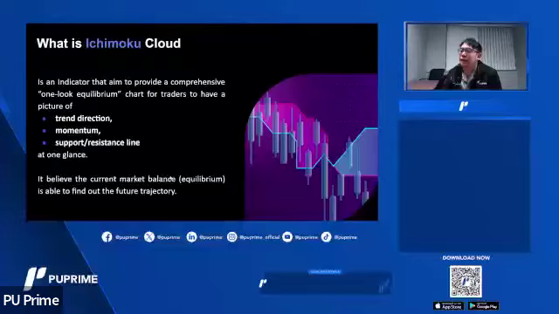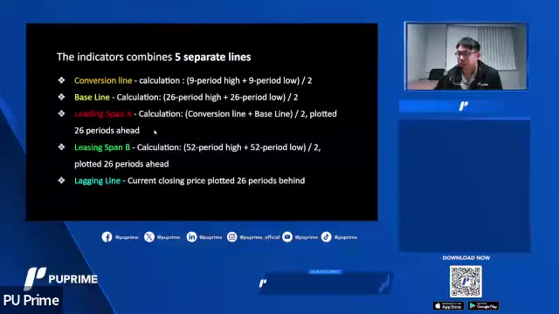So this is the core belief behind this indicator. If you don't believe this, then I don't think this is an indicator for you. But if you do, then this may be one of the indicators that can assist you to justify the trend, justify the momentum, and also help you find the optimum support and resistance line.